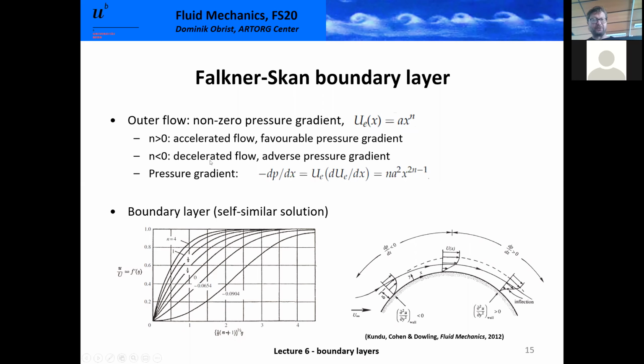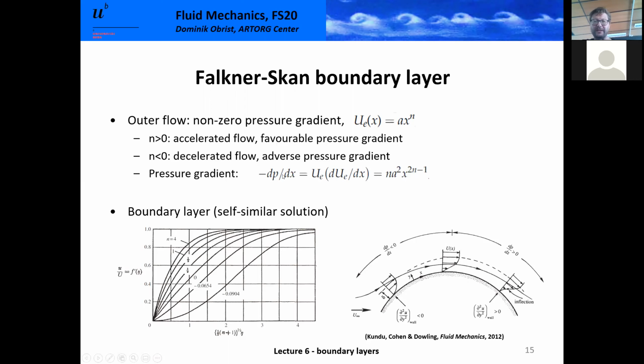pressure. On the third line here, you see how a pressure gradient and outer flow velocity relate to each other. We have minus dp/dx equals u du/dx. If you integrate that, this ends up being exactly like the Bernoulli equation.